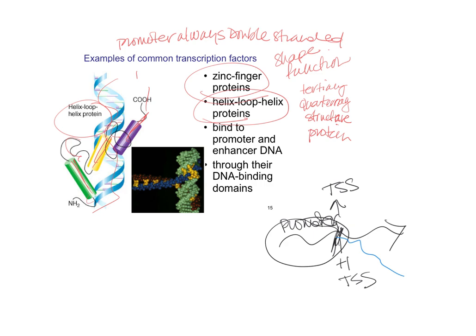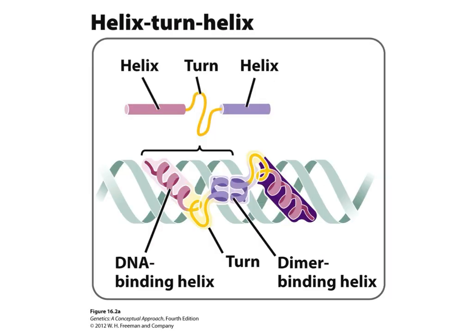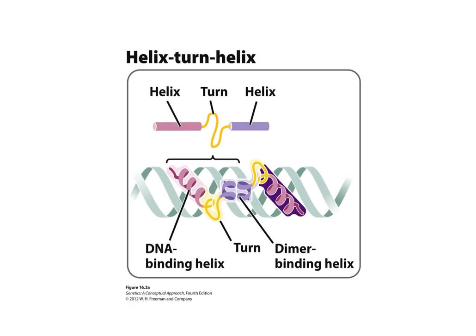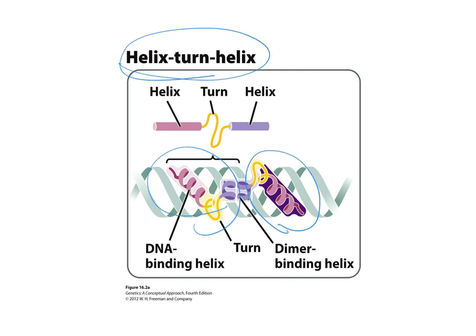We're just knowing these are the names of some shapes. Helix, turn, helix, another type. Here it is in the major groove, the minor groove, the major groove. We're not memorizing these. This guy works as a dimer, so this is two individual proteins.